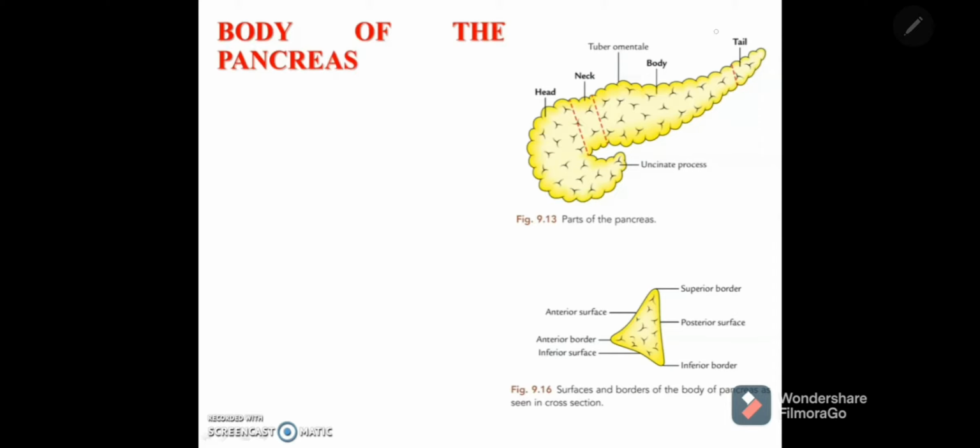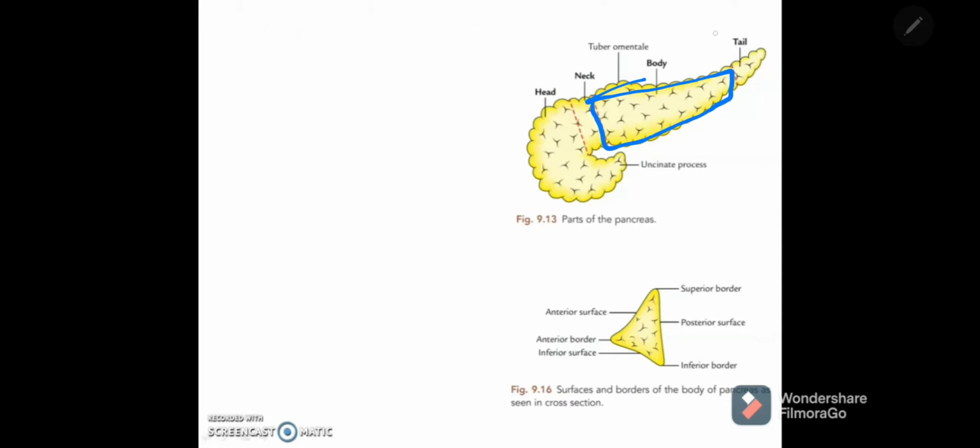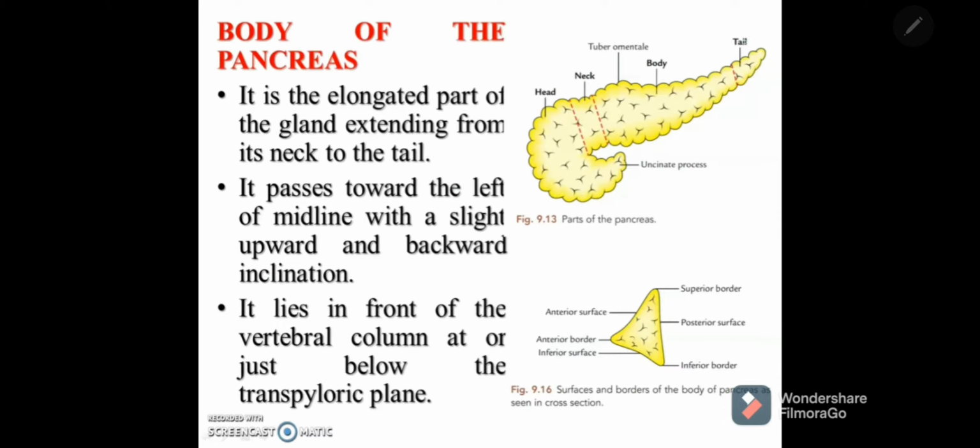Next, coming to the body, it lies between the neck and tail. It is an elongated, compressed part of the gland. It is compressed between the stomach, transverse colon, coils of intestine and posterior abdominal wall. So it is directed upwards and left. It lies in front of the vertebral column just below the transpyloric plane.